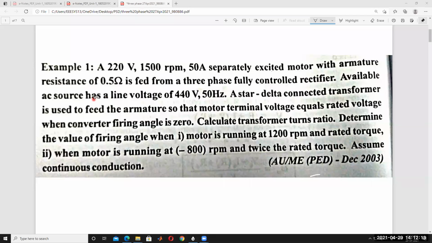The available AC source has a line voltage of 440 volts, 50 Hz. This is three-phase.